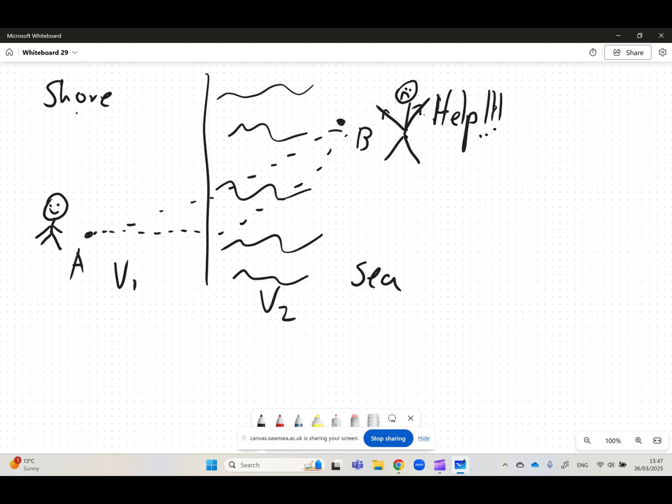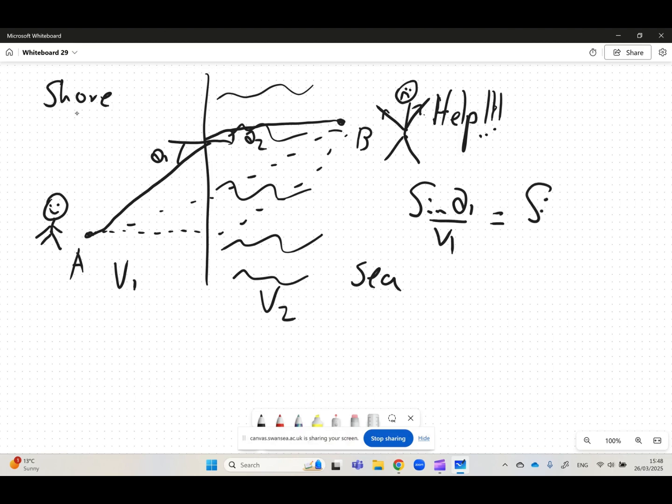So there will be a point where he will break. And the question is, what is this point? As we shall see in a moment, the point is such that we obtain Snell's law. Sine theta 1 over v1 is sine theta 2 over v2. Let's see why.